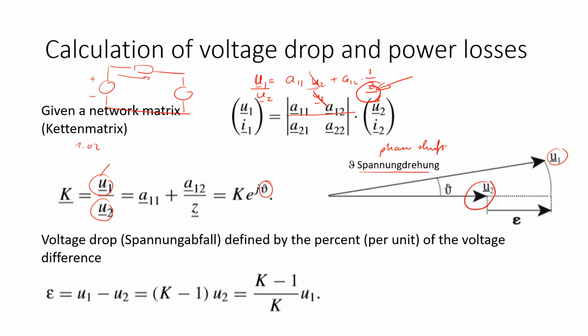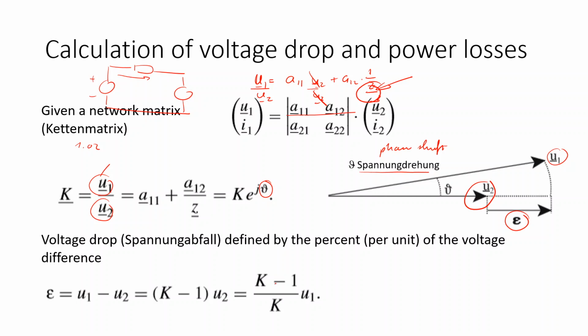Drop is the same as to fall. You can see that this is the difference between U1 and U2, and the voltage drop is here. This is an epsilon, and the epsilon itself can be defined in terms of the K factor as well.